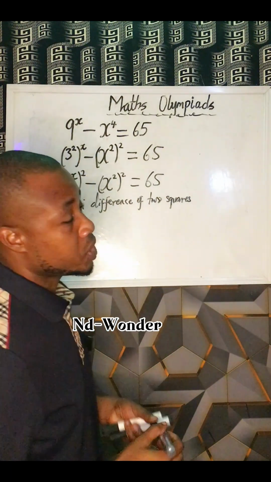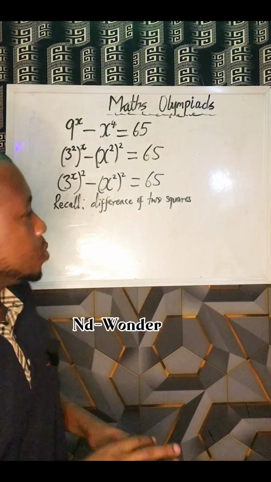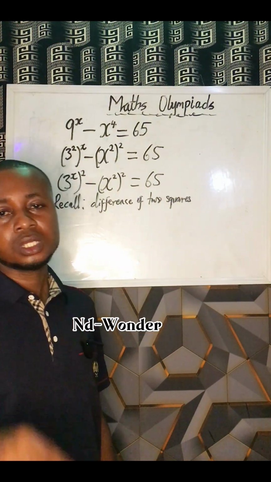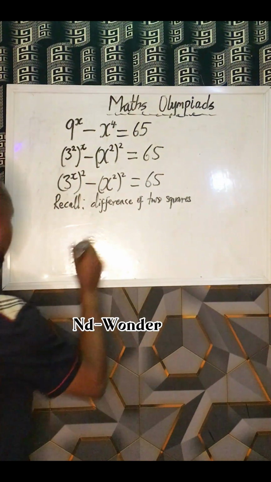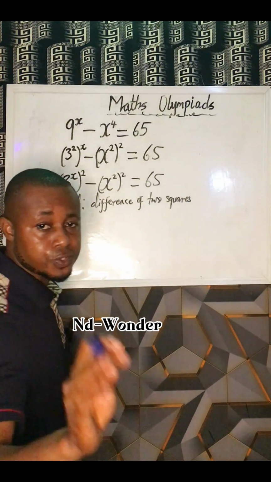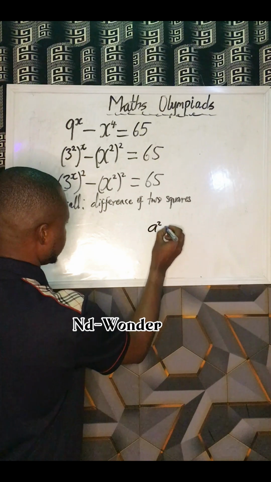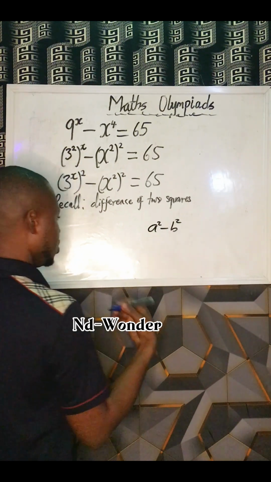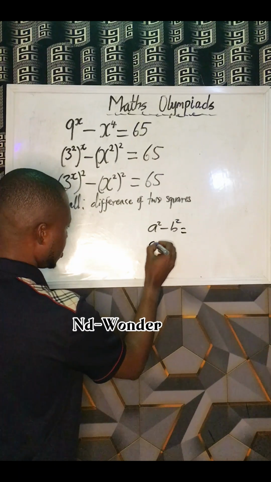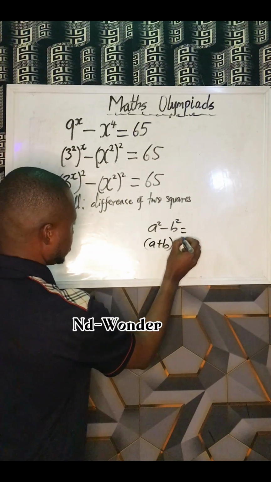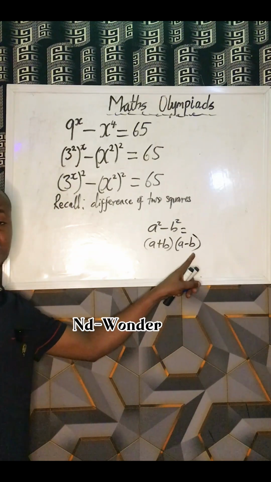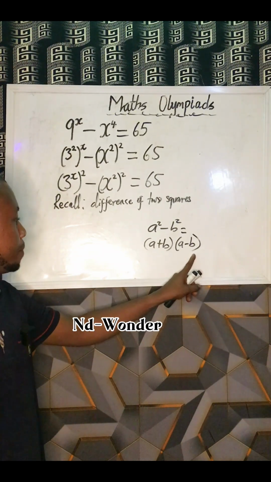So they are separated by minus, and I will need to recall the difference of two squares. In the difference of two squares, if you have a squared minus b squared, of course you can have it to be a plus b times a minus b. So that is what we have here.